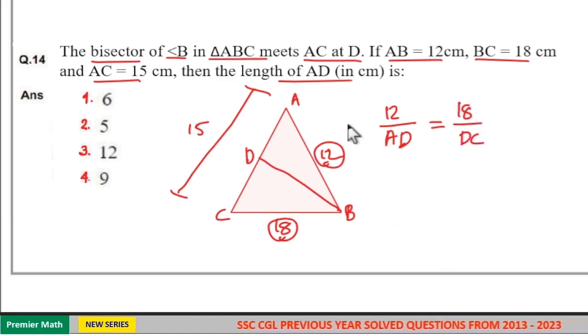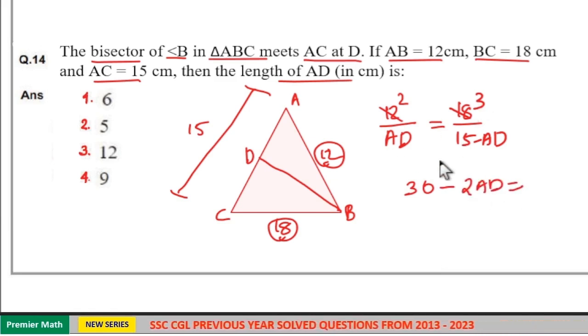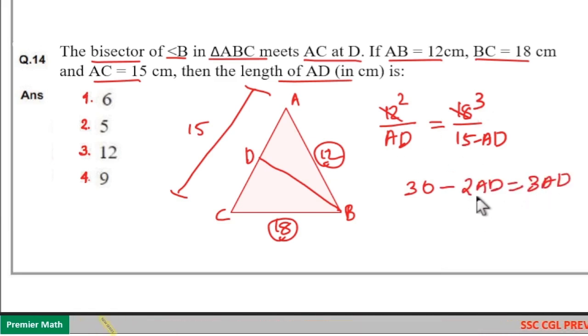DC here is equal to 15 minus AD. Now 6 goes 2 times in 12, 6 goes 3 times in 18. Now 30 minus 2 AD is equal to 3 AD, means 5 AD is equal to 30. So AD is equal to 30 by 5, 6. Option 1 is your answer.